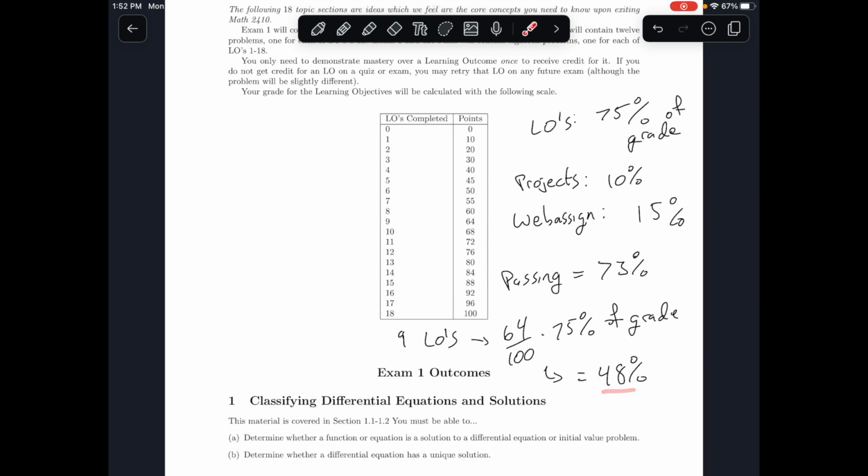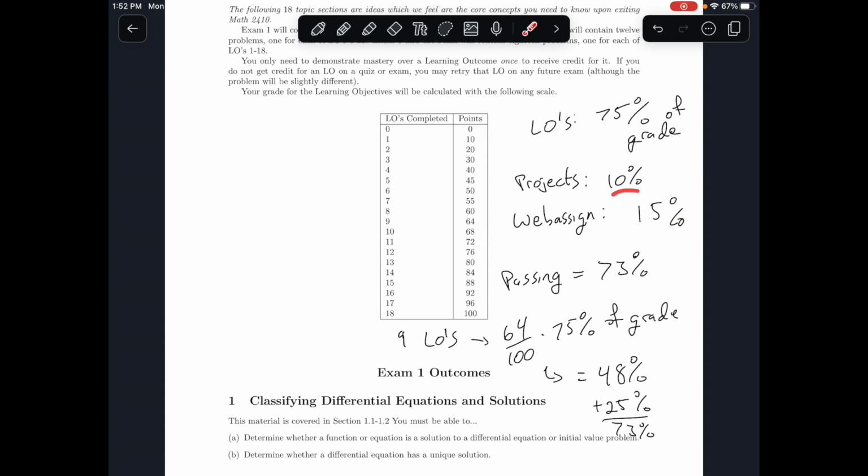And so if you have a 0% on the projects and WebAssign, then your final grade for the class is a 48%. And if you get a 10 and a 15%, so basically get all of the project points and all of the WebAssign points, your final grade is going to be that plus the remaining 25%, which is 73%, which is passing, okay?